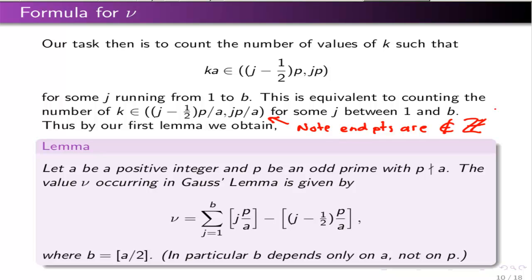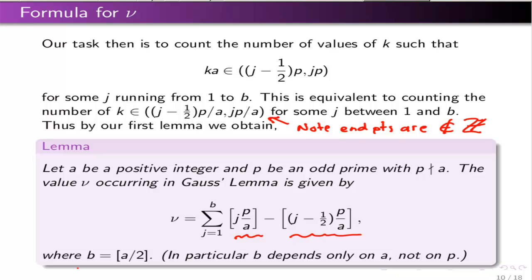So, what does that do for us? Well, that was one of the first properties of the greatest integer function we studied. It tells us the number of integers in this interval is the square bracket of the right endpoint, so we come down to this formula right here: [jp/a] minus the square bracket of the left endpoint.